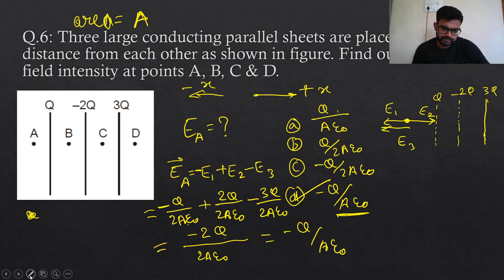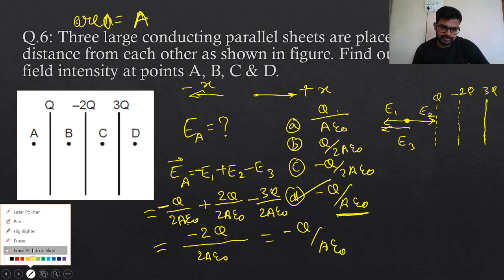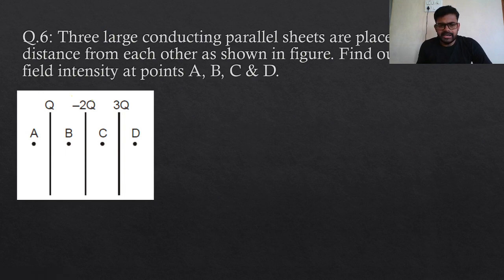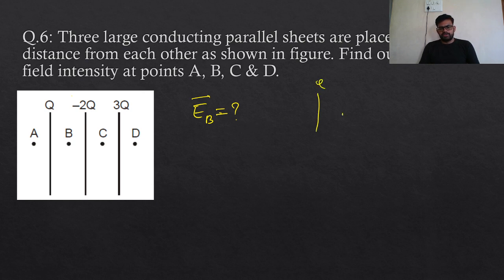Second, find the electric field intensity at point B. How will you do it? Simply speaking, this is Q charge, this is point B, this is minus 2Q charge, and this is 3Q charge. Because of positive charge, the field is away from the plate, so E1 will be in this direction.